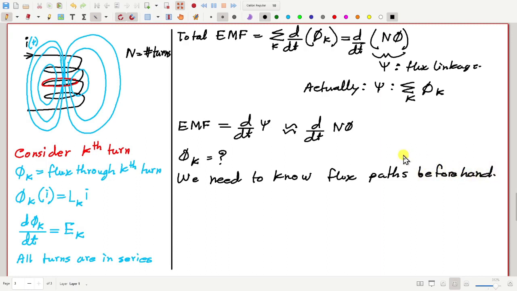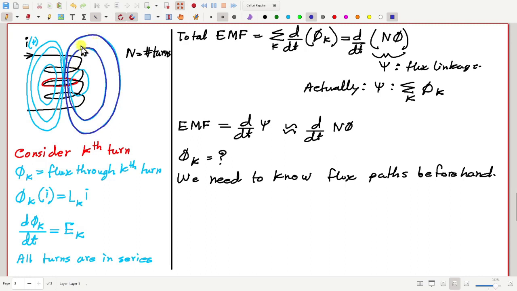You may find out the paths of these lines experimentally or through computer simulation, whatever you do, but suppose we already know the paths through which this flux goes. Now consider one tube of flux, maybe like this one, this and then this.